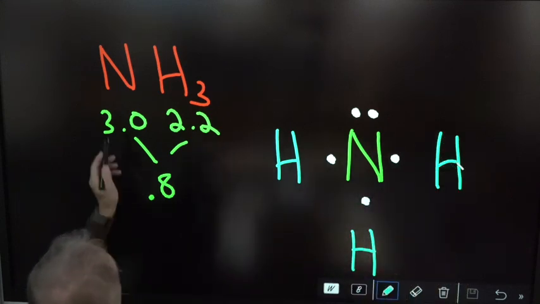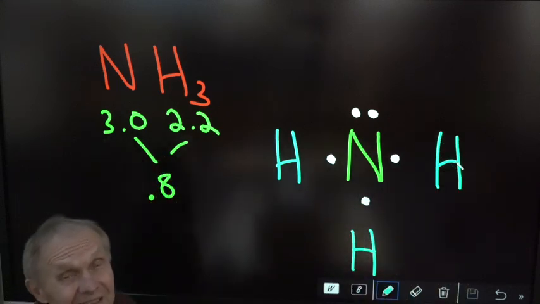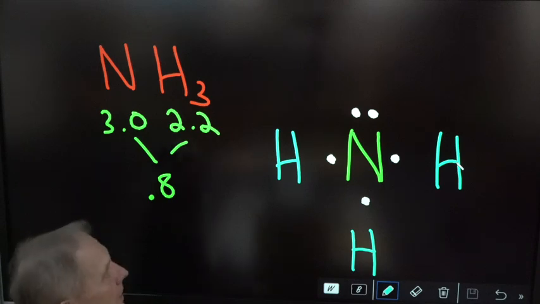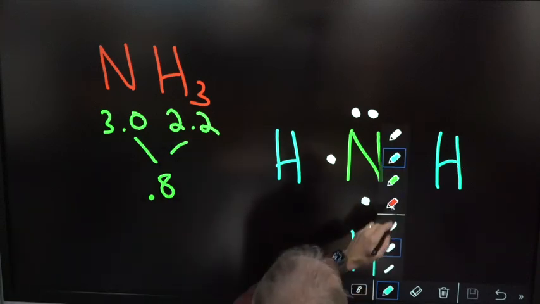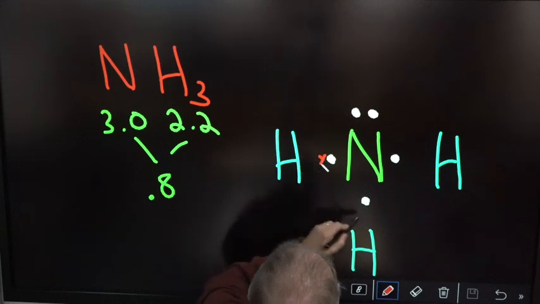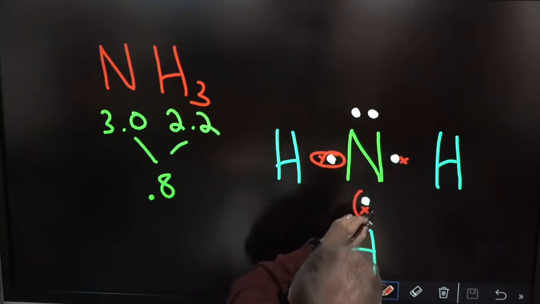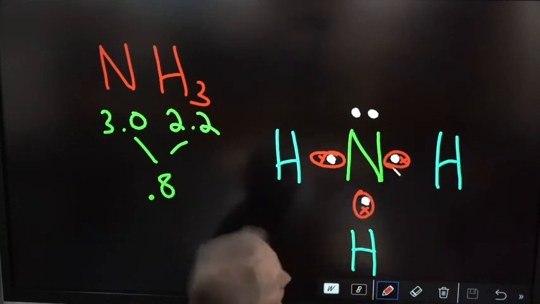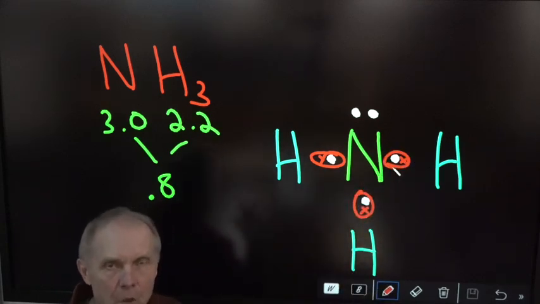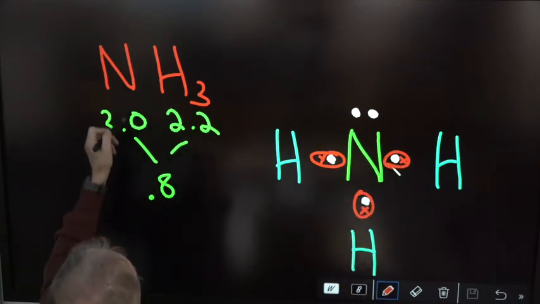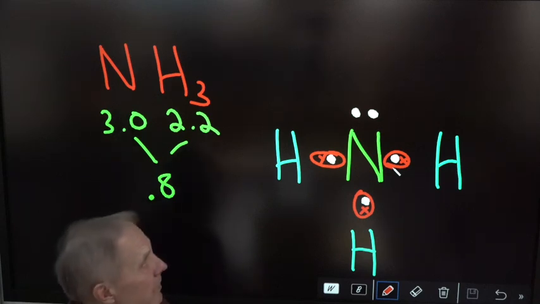These are strong, but not as strong as water, so we're going to go like this, X, X, X. Here are your shared pairs, and they're a bit closer to nitrogen because nitrogen has a stronger electronegativity.